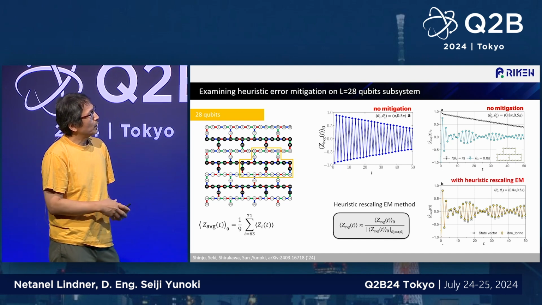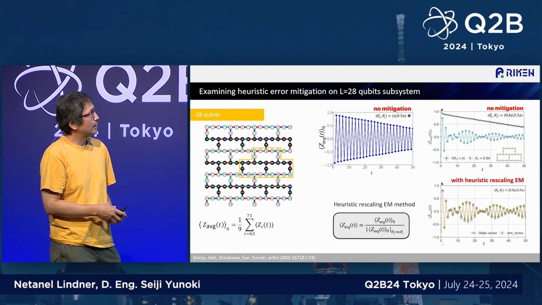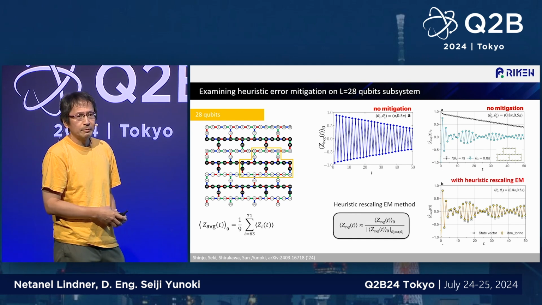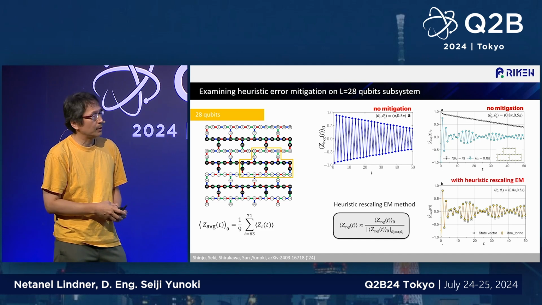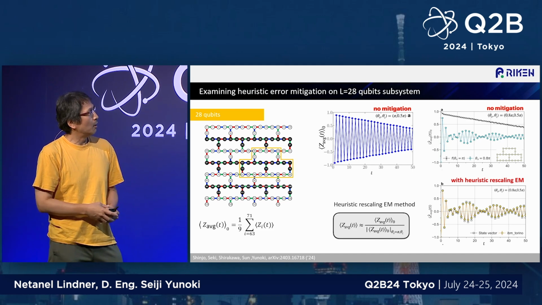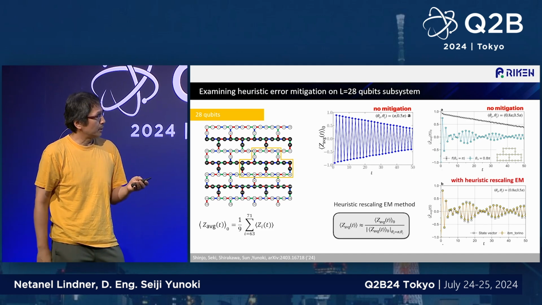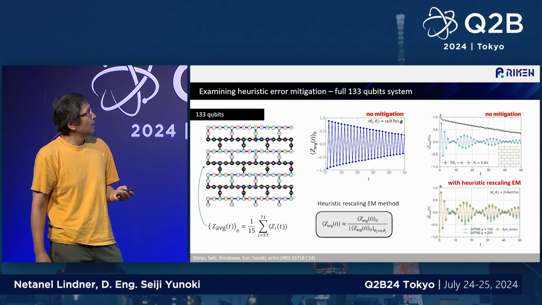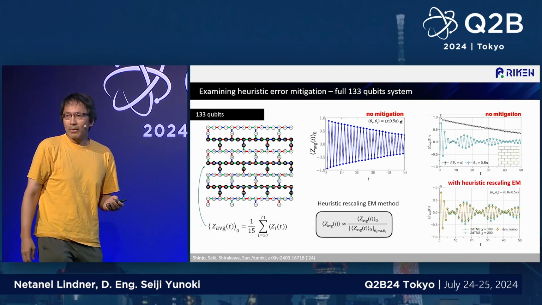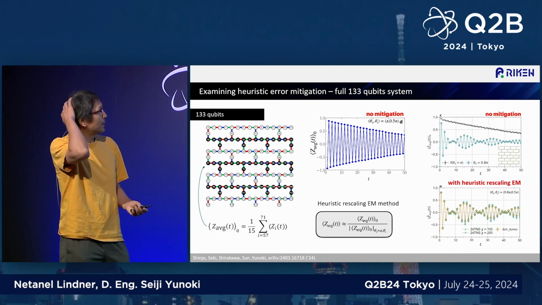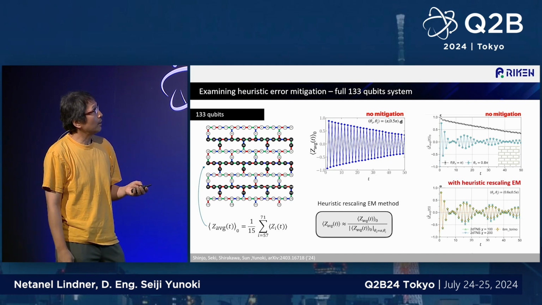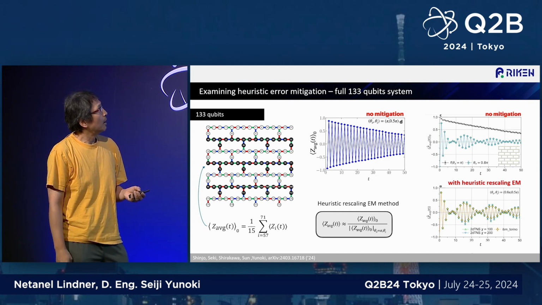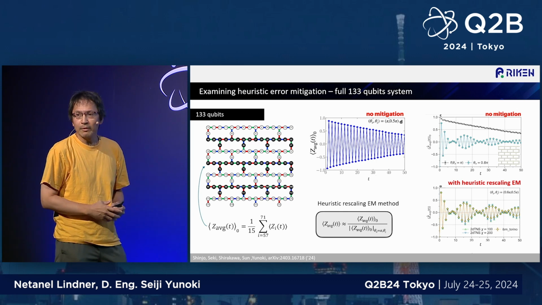And there we also compare experimental results with the classical state vector method. You can see that the agreement is excellent up to about 50 time steps, which is already significant. And even more, we did a similar comparison using a much larger system of 133 qubits using the whole device of IBM Torino.